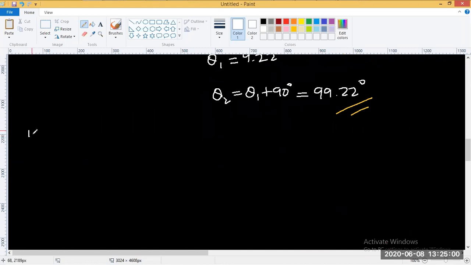So the third part of this question is you need to find normal stresses at theta equals 30 degrees. At that plane you want to find the normal and the shear stresses.